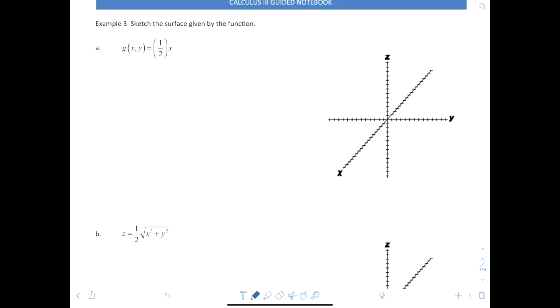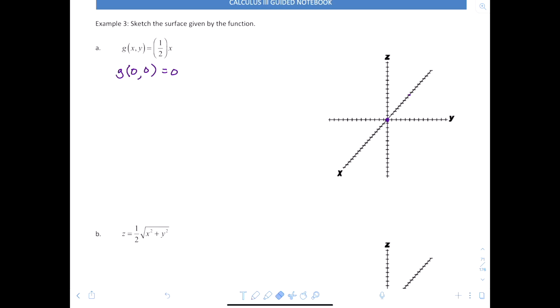Let's take a look at sketching these by hand, right? So here we go. So y can take on any value on its axis, right? So we're going to basically be worrying about the xz plane, right? G of x and y is like our z. So if we say g of 0 and 0, right? That will just be 0. So we'll have an ordered pair, or ordered triple rather, at the origin.